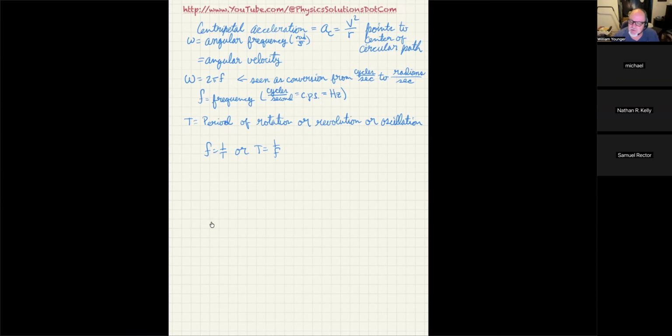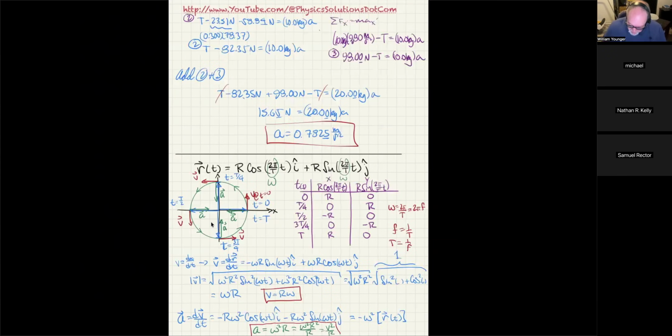All right, your book does an entirely different derivation of the centripetal acceleration. I think mine's a little easier. I mean, obviously, you wouldn't necessarily come up with this on your own because you might not have ever encountered vector valued functions or vectors in this sort of way. But the math is so trivial to do, why not treat it that way? And you can automatically get these wonderful results that show you that the linear velocity that we recognize in meters per second is just the radius of the circle that you're going in times the angular velocity.